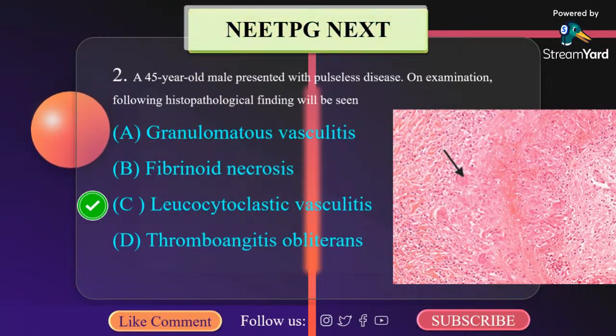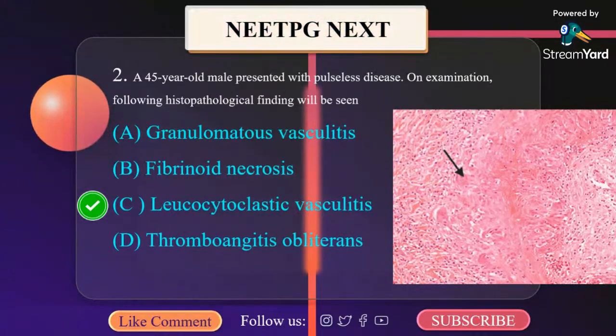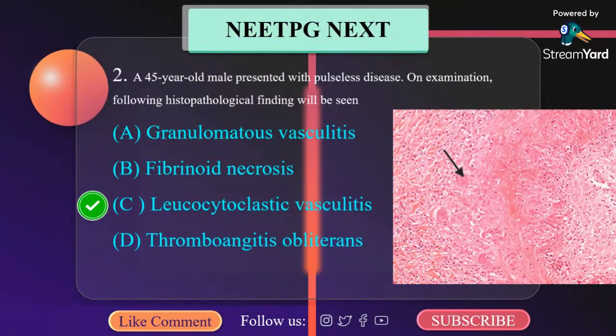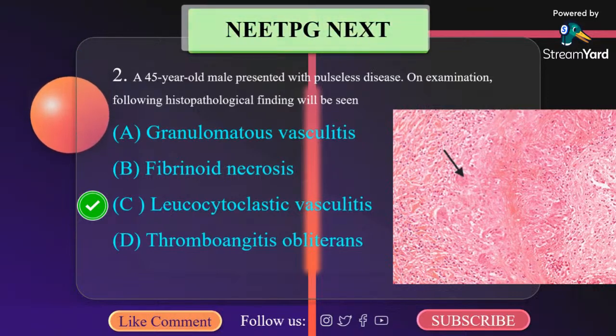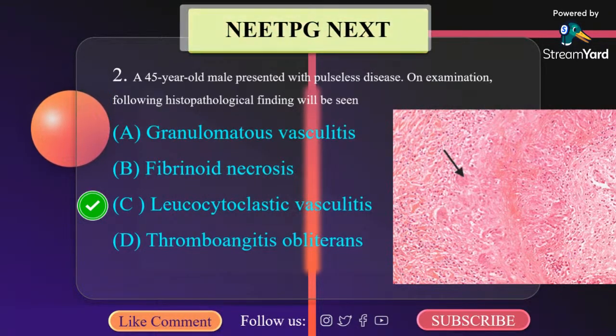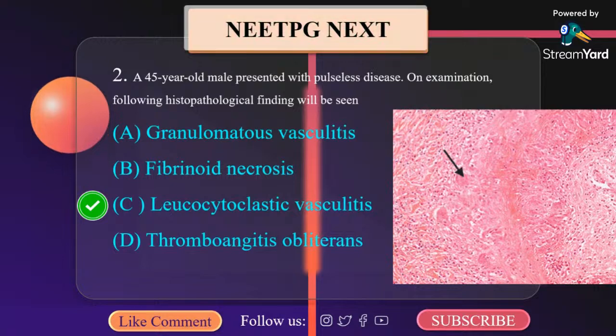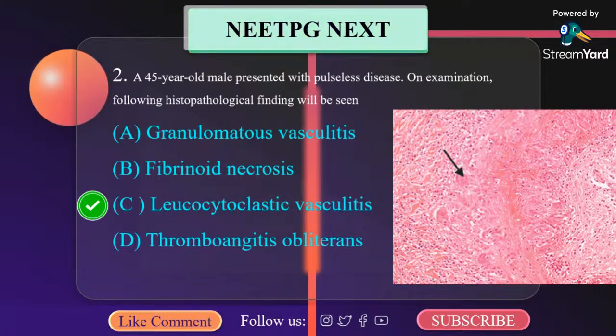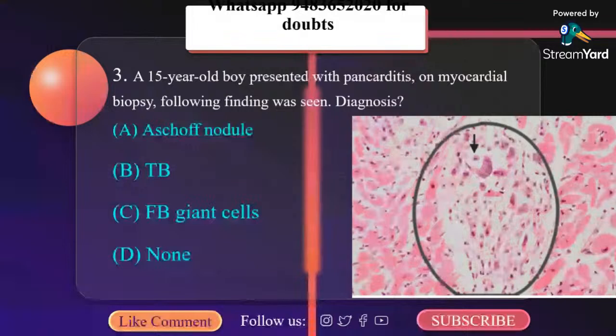Here you can see epithelioid cells and giant cells, suggesting granulomatous vasculitis. Granulomatous vasculitis is seen in giant cell arteritis, Takayasu arteritis, Wegener granulomatosis, Churg-Strauss syndrome, and Buerger's disease. So our correct option is A.